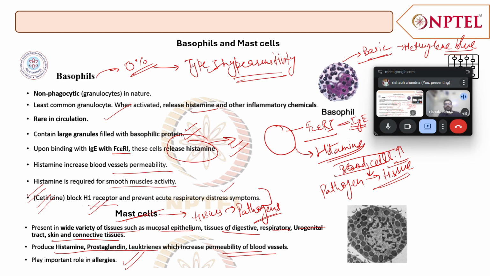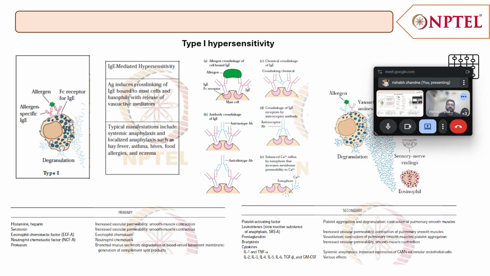So now we'll be moving on to the type 1 hypersensitivity, or the allergic reaction that takes place in the body. Okay, so what is actually a type 1 hypersensitivity? It is an IgE mediated hypersensitivity. So the major antibody that plays a role here is IgE.